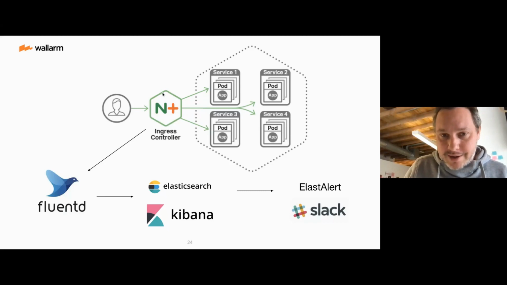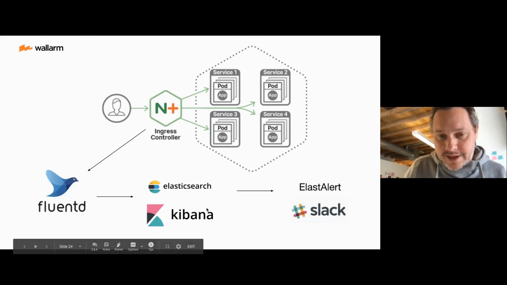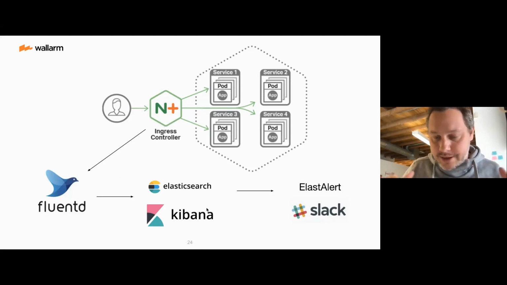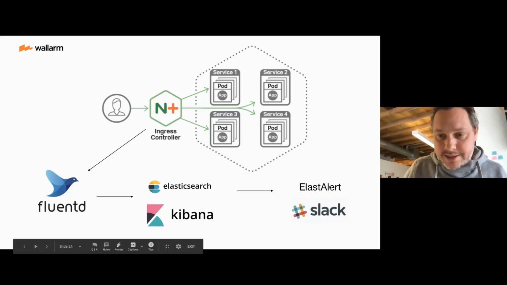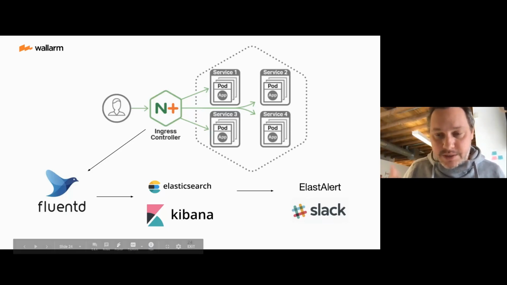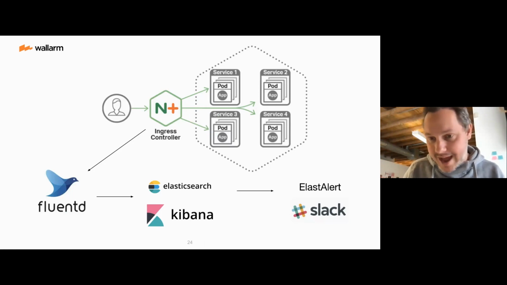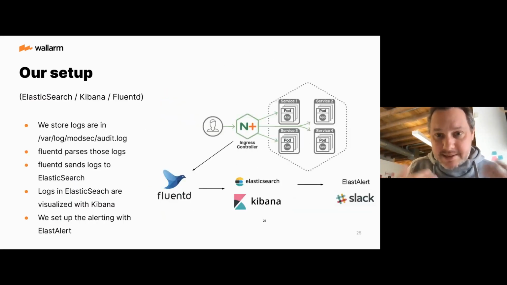We want to analyze all the traffic with the Ingress controller, with ModSecurity. ModSecurity will send events with FluentD into Elasticsearch, so we will index all the events there. With Kibana, we will create the dashboard, and then we will use the ElastAlert tool to send different kinds of alerts and notifications to different tools that you already have, like Slack or PagerDuty and so forth. So let's unpack it.